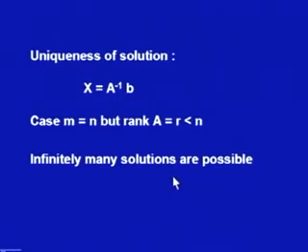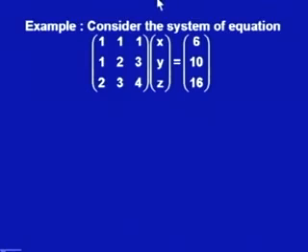For example, consider a system of equations, the 3 by 3 system, the square matrix, m is equal to n, and we have to see whether we have infinitely many solutions or a unique solution for this system.